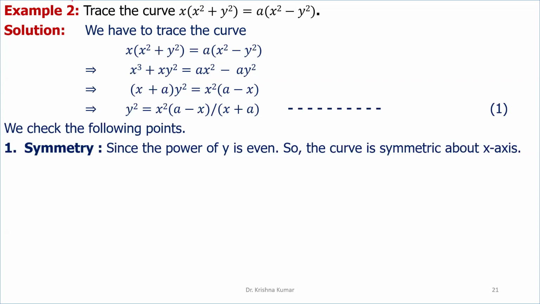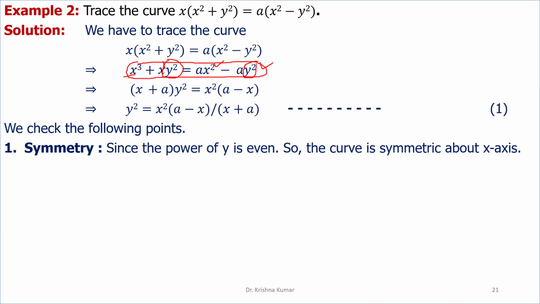If we see the whole equation, the power of x is 3 here, 1 here, 2 here, and the power of y is 2 here. So in each and every term, y has even power, therefore the curve is symmetric about x-axis.